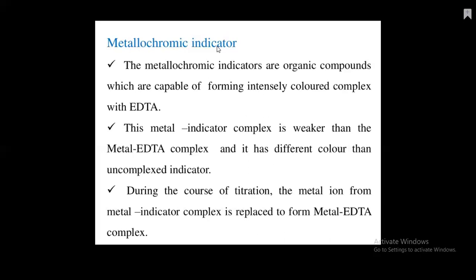But in complexometric titration, the procedure is totally different. Here, the indicator will not react with the titrant. Note this point. I may also ask it in the exam: that is the main difference of the indicator used for finding the end point.